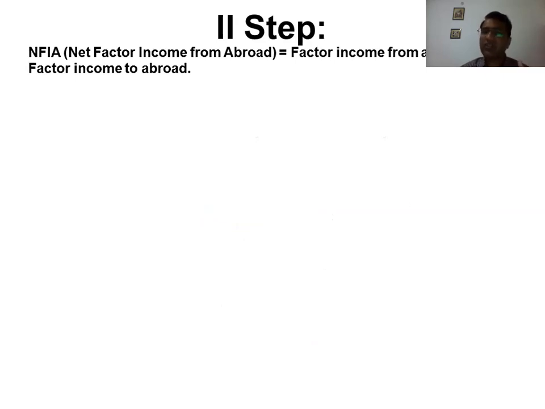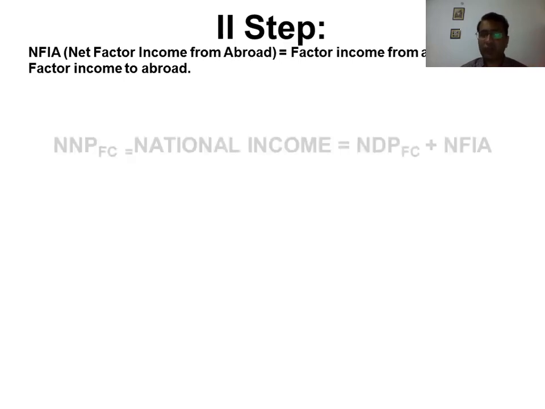The income earned by the factors in another country, the rest of the world, is called factor income from abroad. The income earned by foreigners in our country is called factor income to abroad. The difference is called net factor income from abroad.